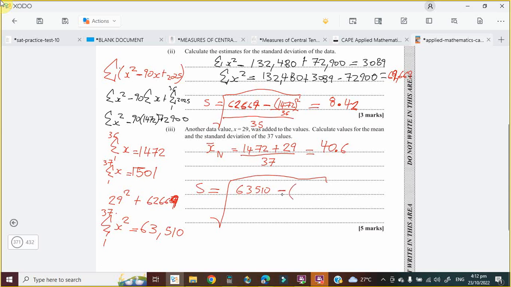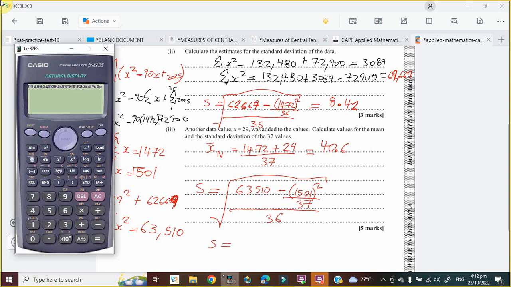So the new standard deviation is the square root of 63,510 minus the new sum of xi, 1501 squared over n, 37, all divided by 36. I'll punch that in. Oh, I should have put the fraction button first.